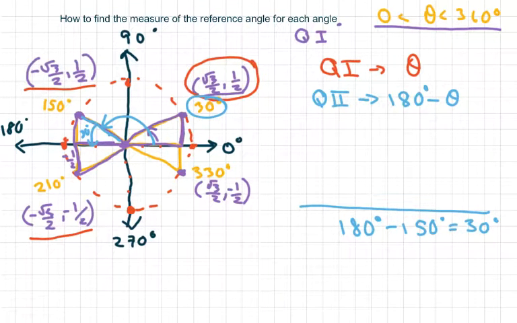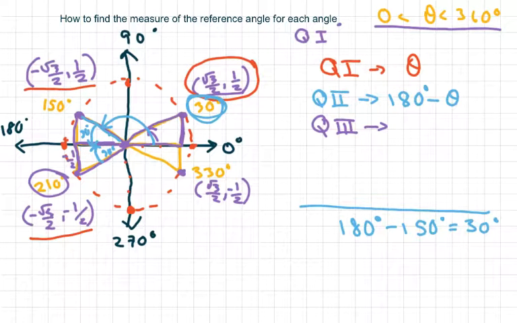Now in quadrant 3, this is 210 degrees. You're going to draw up to the x. When you draw up to the x, that's 30 degrees there, and that gives you, again, your reference angle.